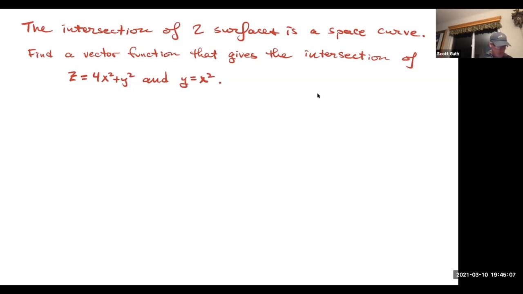Okay, you know, this first one we've talked about, elliptic paraboloids. And this guy right here, because there's no z, that's a parabolic cylinder. If it's missing a variable, it's a cylinder.